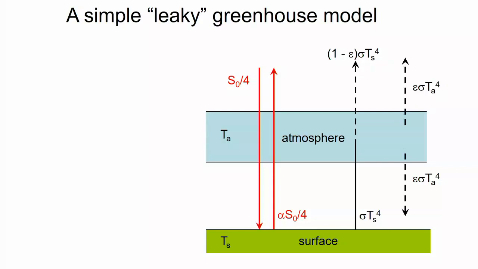Then this emissivity term, this epsilon, comes in, because it turns out that the amount of energy that a substance like the atmosphere would absorb compared to absorbing 100% is also very close to the amount that it emits as a fraction of the theoretical amount due to its temperature.